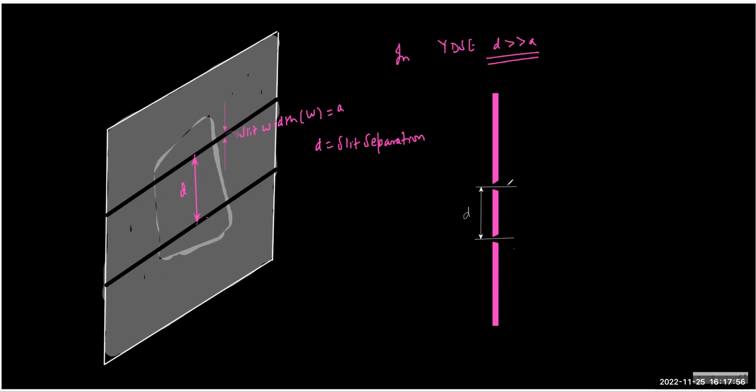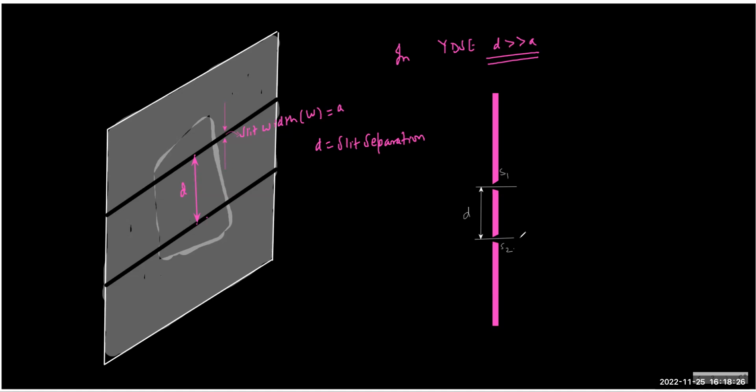So the upper hole will create a diffraction, the lower hole will create a diffraction, and it's a mathematical scenario that if we consider the slit width to be really small, then every slit will behave as a single source. So this will behave as a source S1, this will behave as source S2. So we take slit as a source actually.